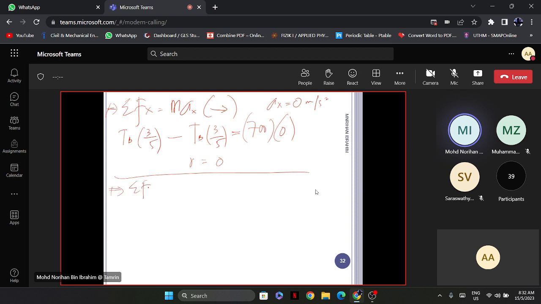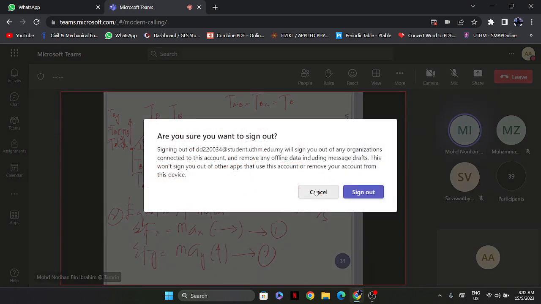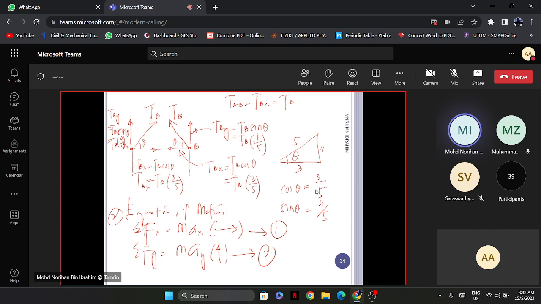Sum of Fy is equal to may. So substitute whatever forces are in the y directions. We have this TBy at point A and also at point C. Both of them are equal, TB multiplied with 4/5.